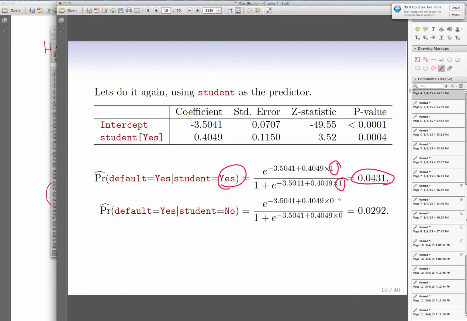If you're not a student, you put 0 as dummy variable, so the probability of default would be 2.92%. And as you can see, 4.3% is around 50% more than 2.92%. So the odds of default for students are 50% more than non-students.